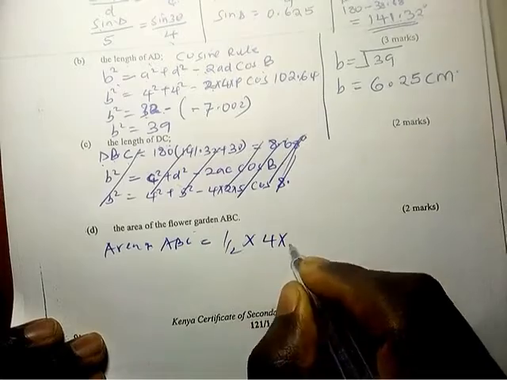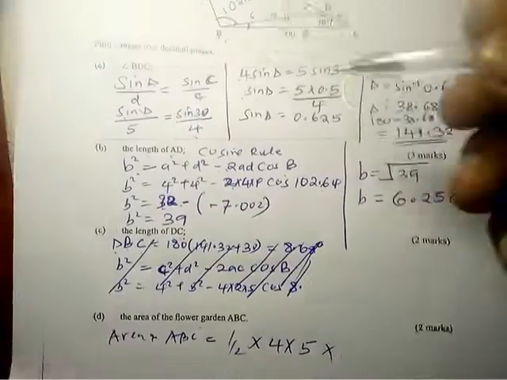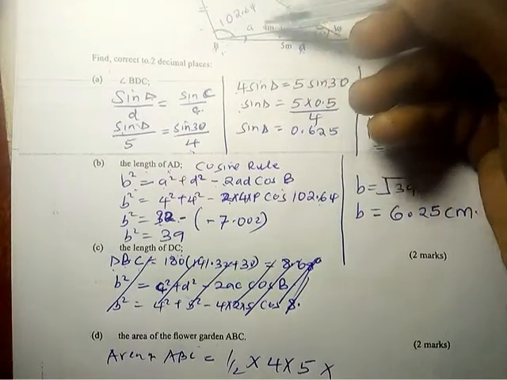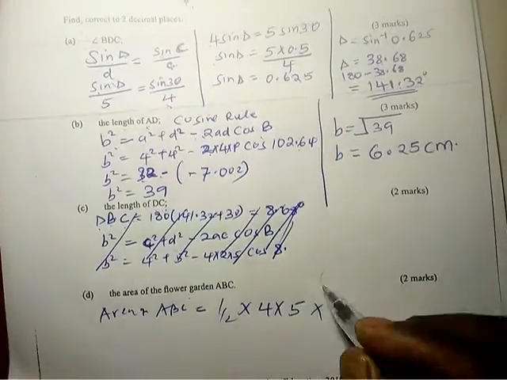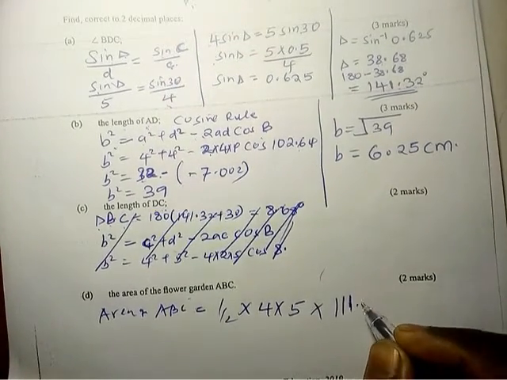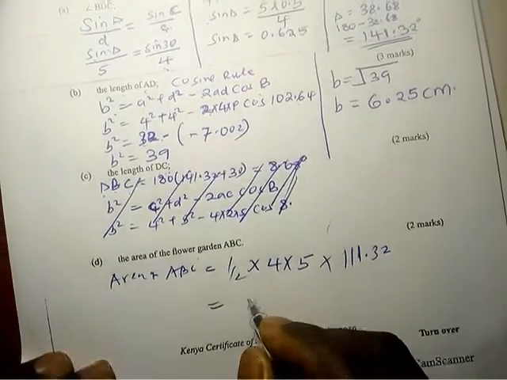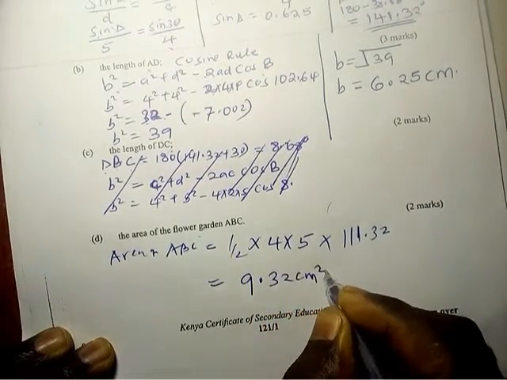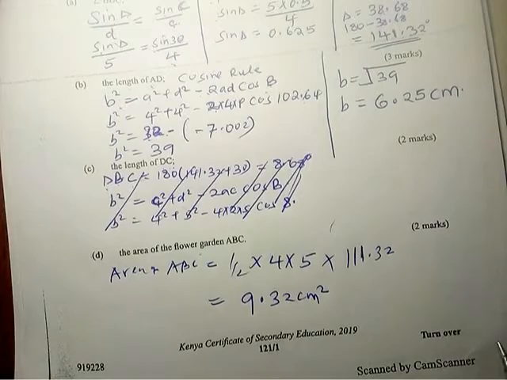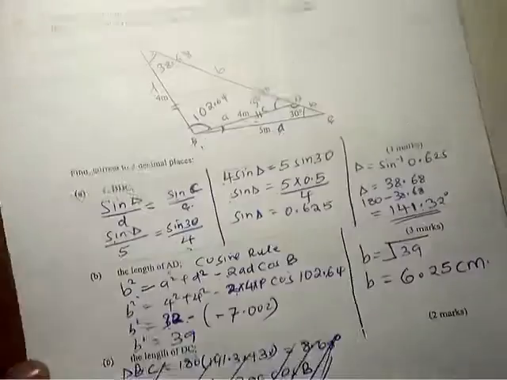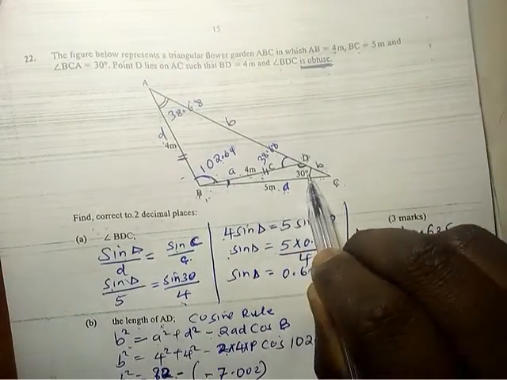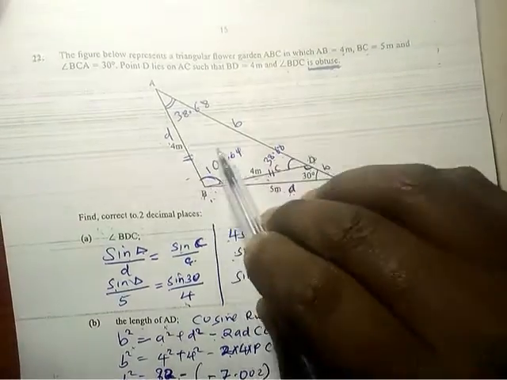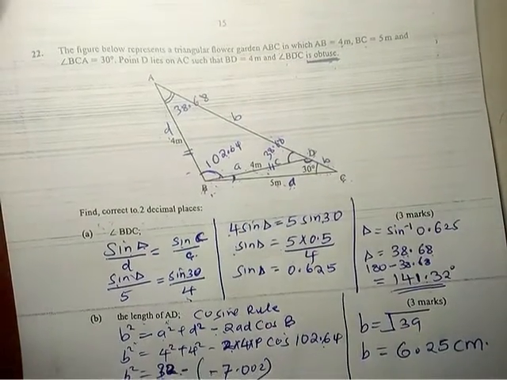Times 4 times 5 times the angle here. This is 102 plus 8, it will be 111.32. That one will give us 9.32 centimeter square. You do it just once. But if you still want to do it separately, you do this triangle aside, you do this aside, then you add, still it works.